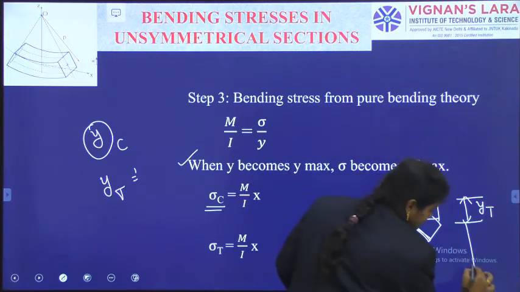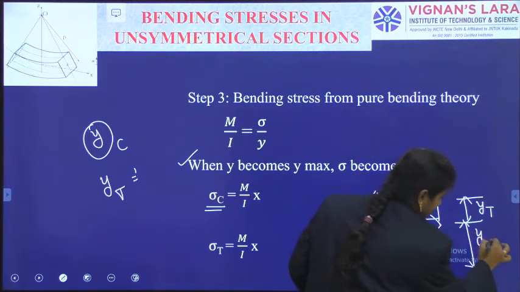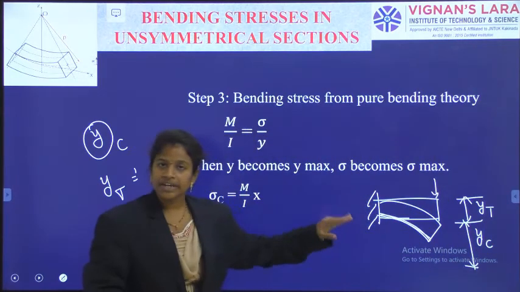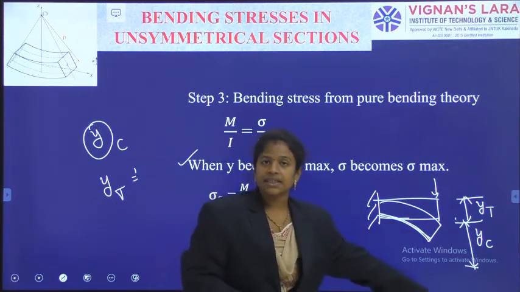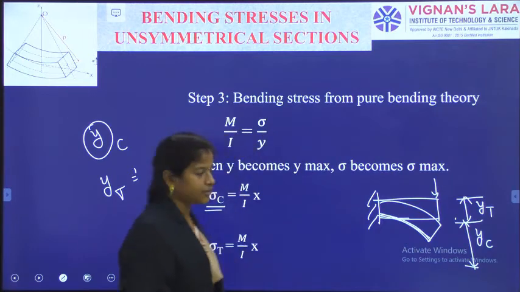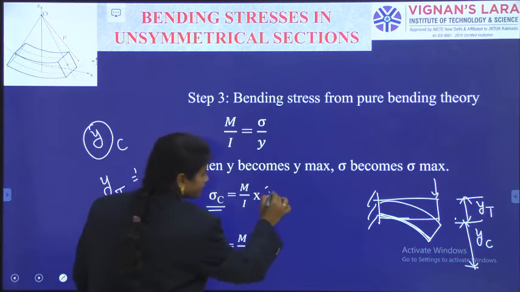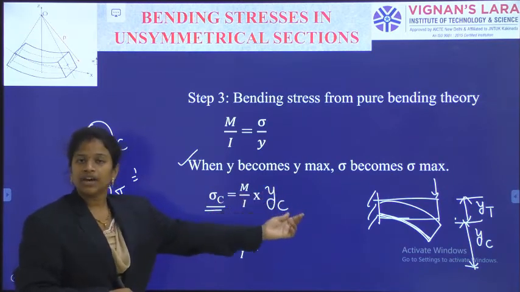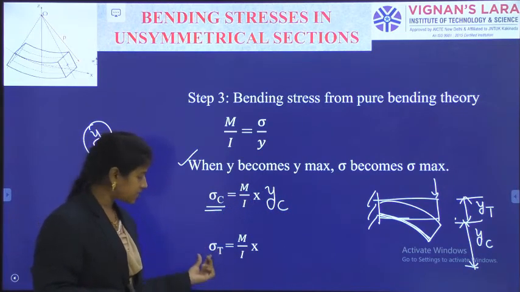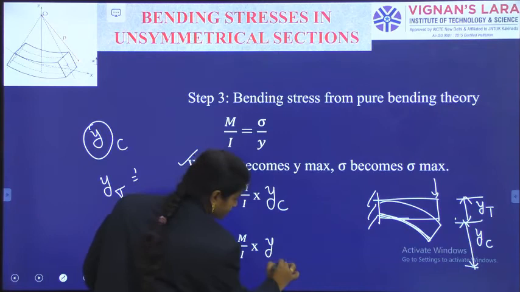The corresponding measurement we call yc. So, from the neutral axis, the top measurement is yt, and from the neutral axis, the bottom measurement is yc. When you substitute yc, you will get sigma c. When you substitute yt, you will get sigma t.